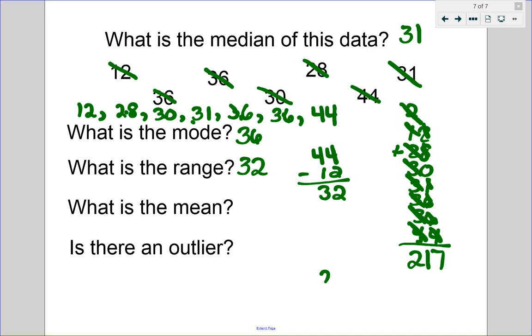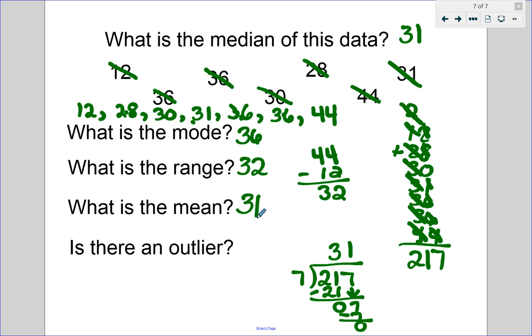Somebody out there said, I divide by the number of numbers. So let's do it. I have 1, 2, 3, 4, 5, 6, 7 numbers, so I'm going to divide by 7. How many 7s do we get out of 21? 3. We subtract, we have 0 left. We bring down the 7. How many 7s do I get out of 7? 1. 1 times 7 is 7 with nothing remainder, so my mean is 31. My mean, or my average, is 31.